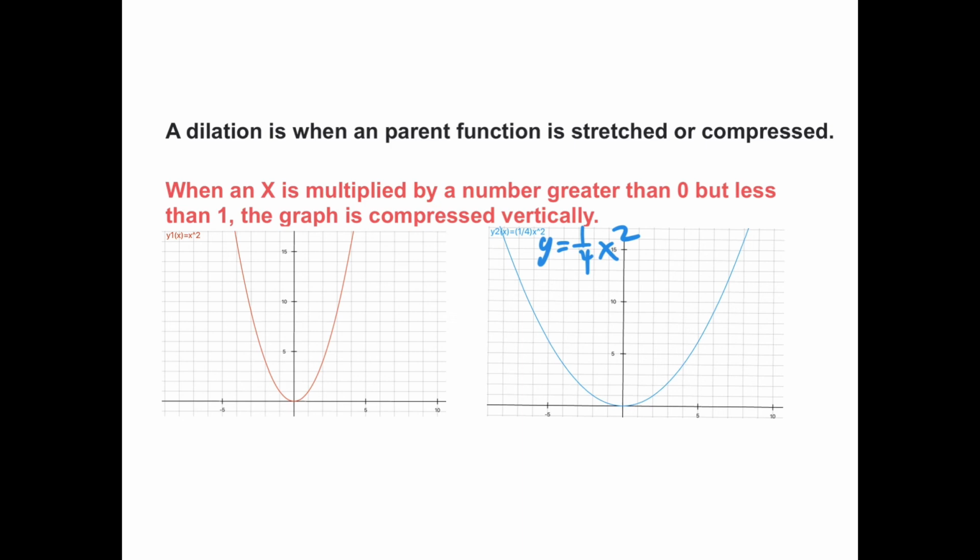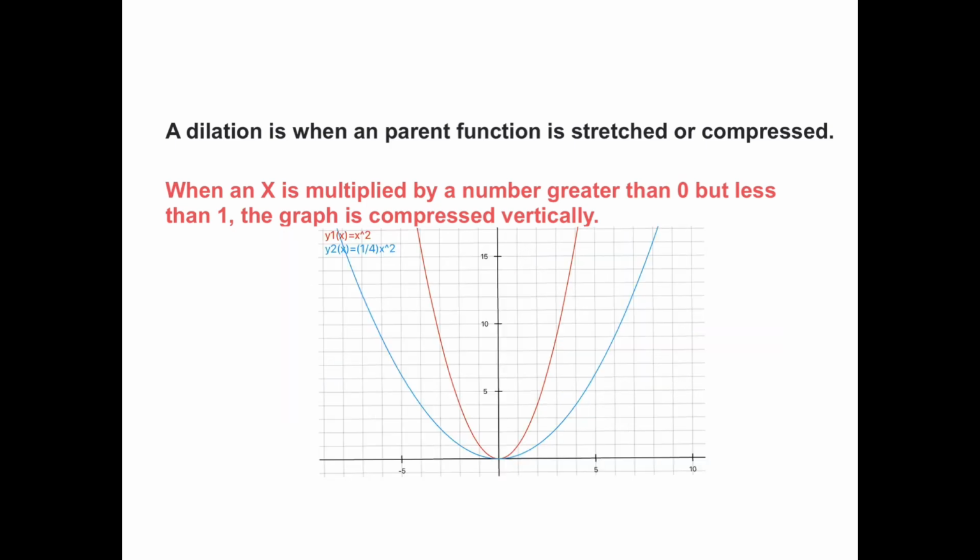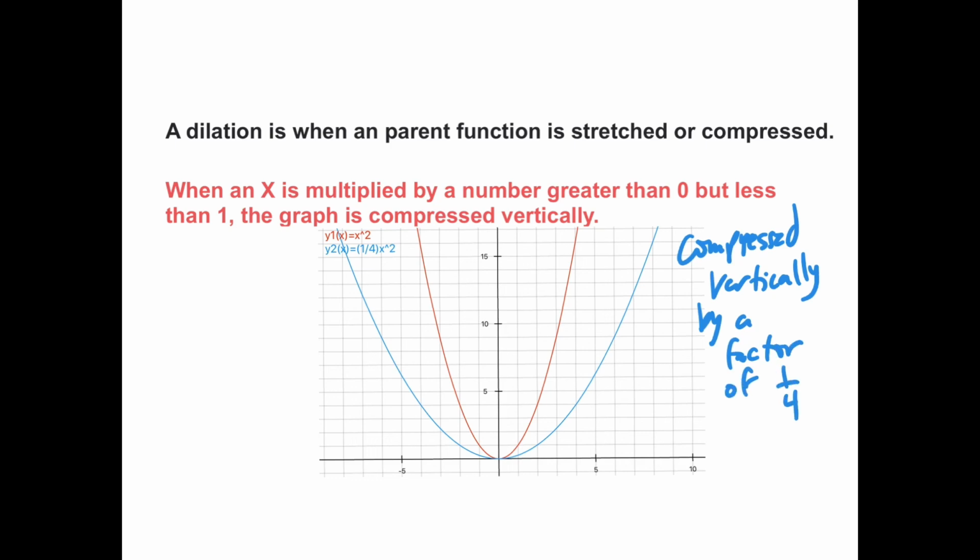Now I'm going to put them back on top of each other like I did the other one. And what we would write for our explanation is compressed vertically by a factor of 1/4.